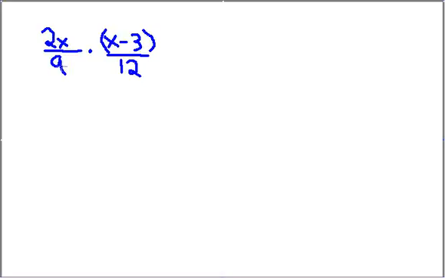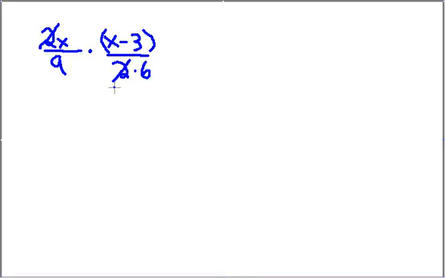No, there are no common factors there, but there is a common factor between the 2 and the 12, and the common factor is the 2 itself. So I'm going to rewrite this 12 as 2 times 6. And after we do that, with 2 times 6 representing the 12, we can now cancel. That 2 cancels with that 2.